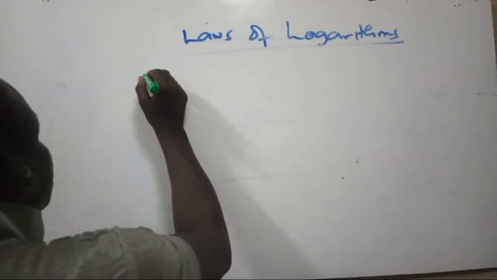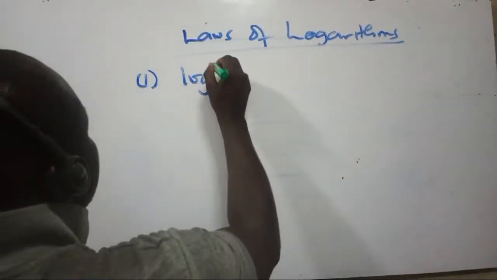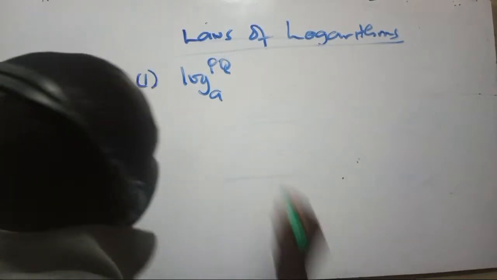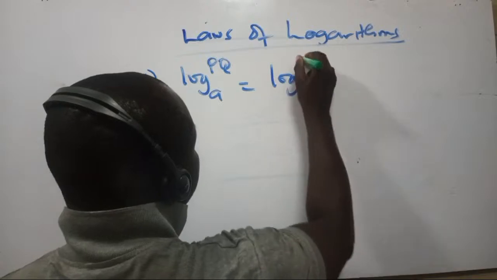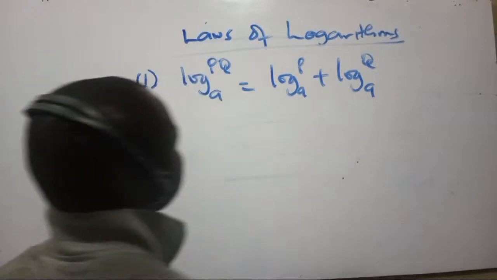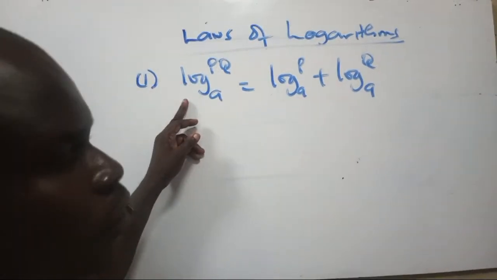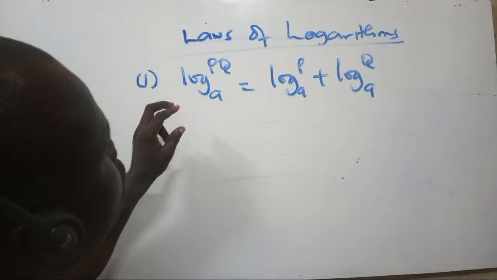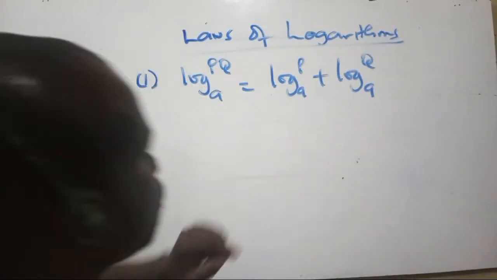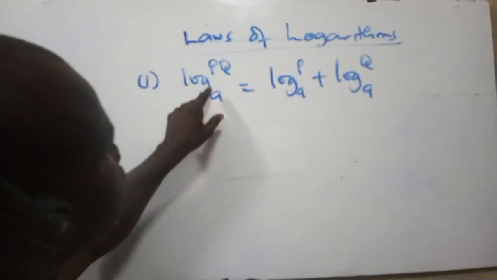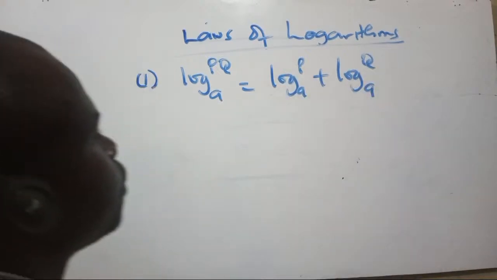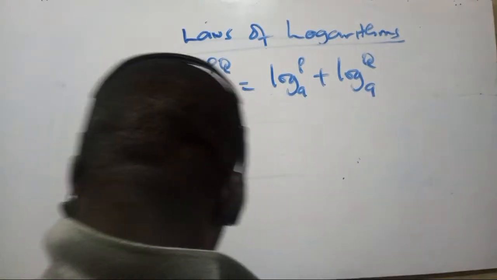The first law of logarithm says that if you have log of p multiplied by q base a, this is equal to log p base a plus log q base a. Let's look at this critically. When we have log of p times q base a, the law says that when you have products, you can split it as log p plus log q. So that is the first law of logarithm.